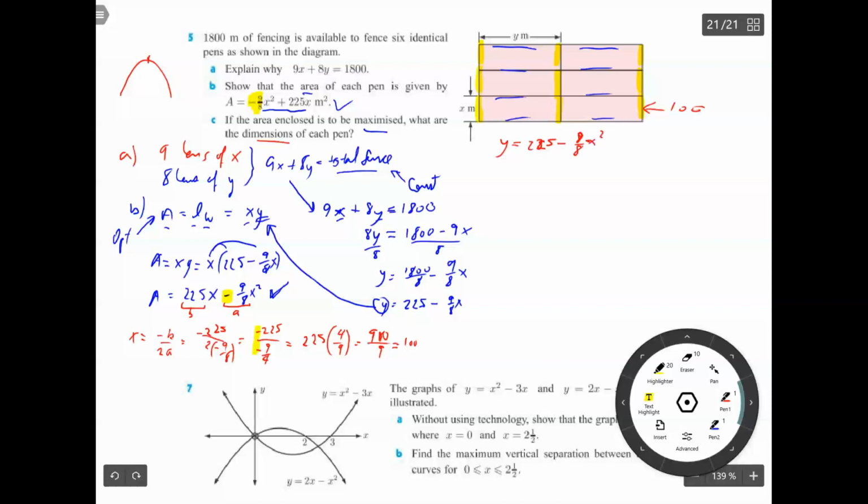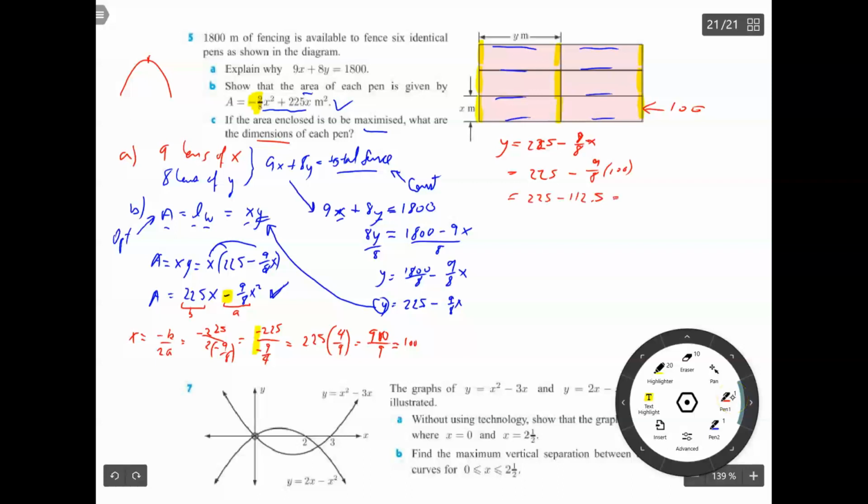So we can find y by substituting 100 in here. Oh, it's not x squared, it's just x. So 9/8 times 100. So we get y equals 225 minus 112.5.